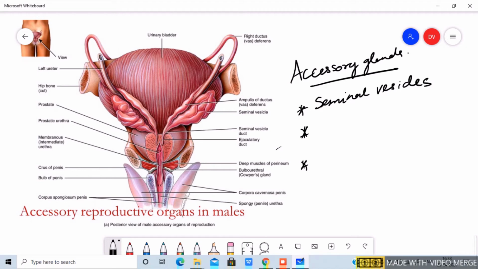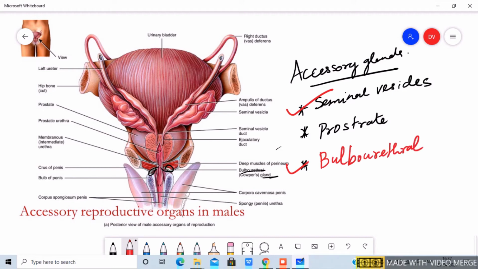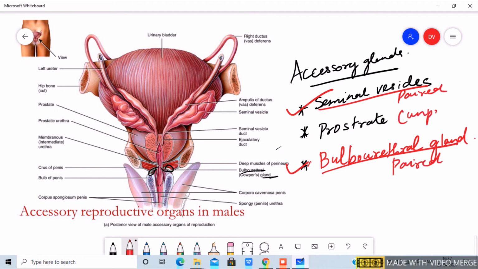And then you have the prostate gland, and then you have the bulbourethral gland. Out of these 3 glands, the seminal vesicles and the bulbourethral gland are paired glands, whereas the prostate is an unpaired gland.